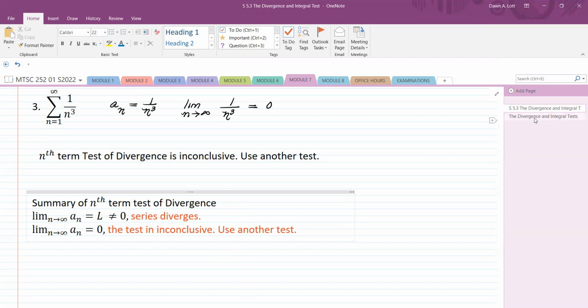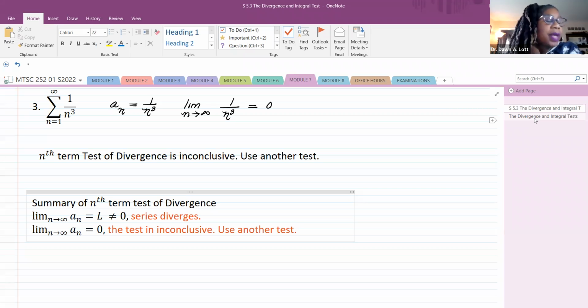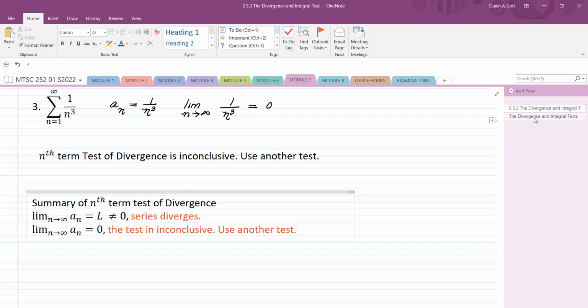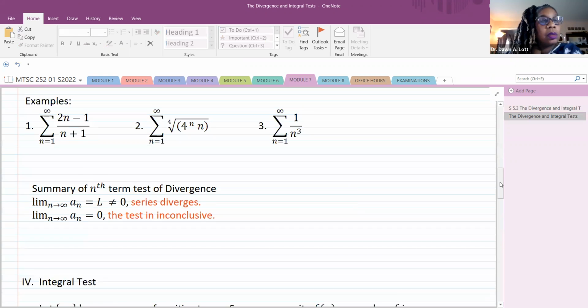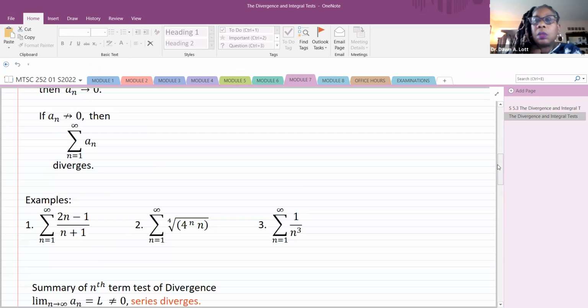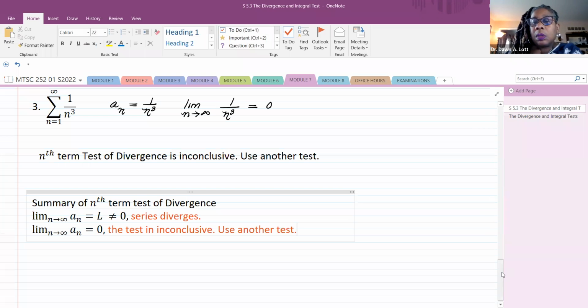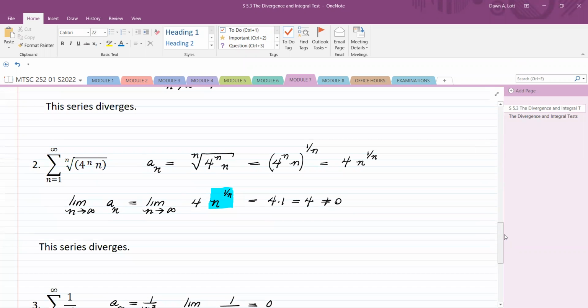I think the second example confused me a little bit. Victor, are you asking a question? Yeah, sorry. Okay, now I can hear you. It was for question 2 for the nth term test. I think when taking the limit, we plug in 1 for n and then go from there.